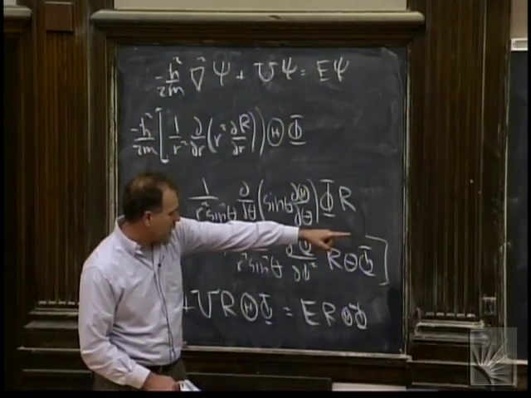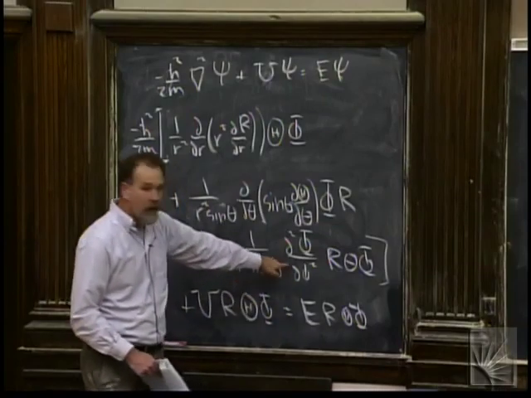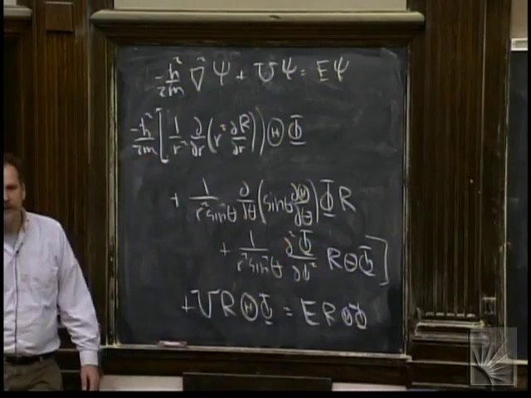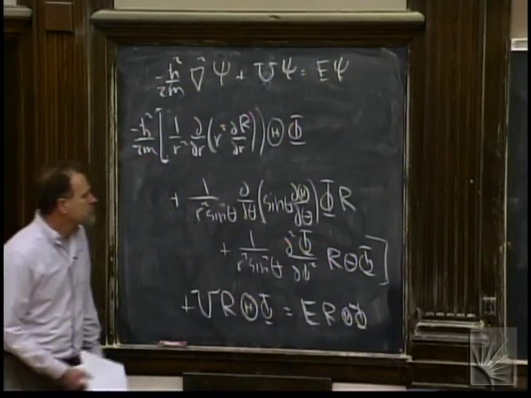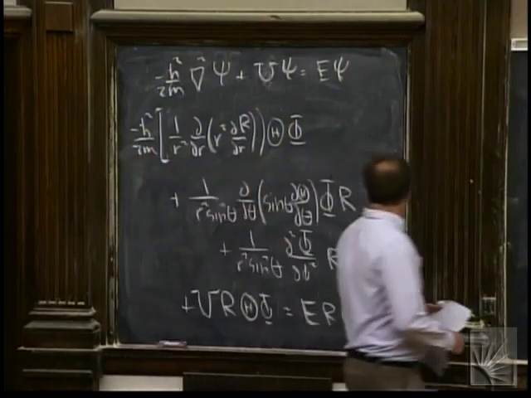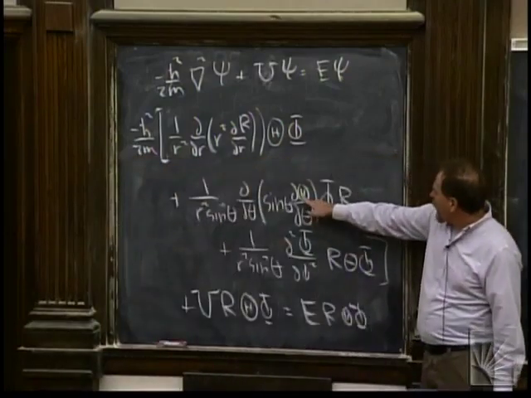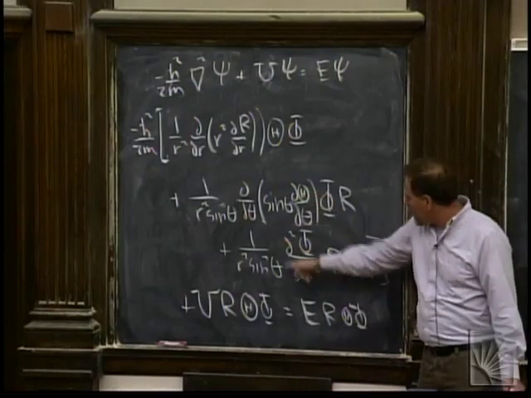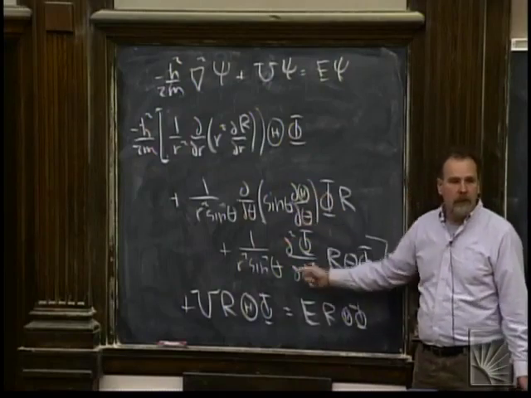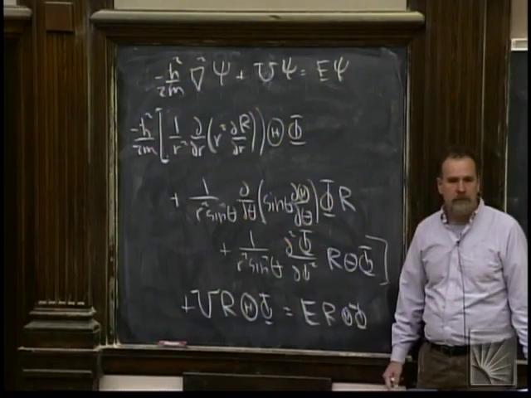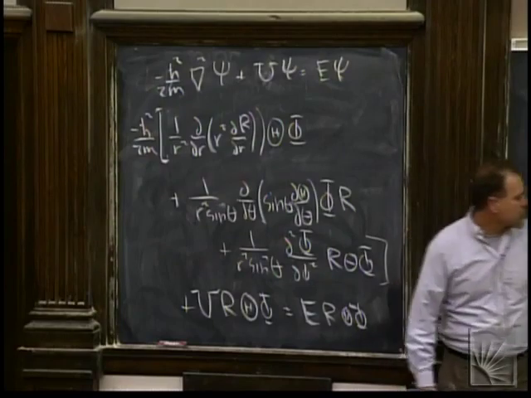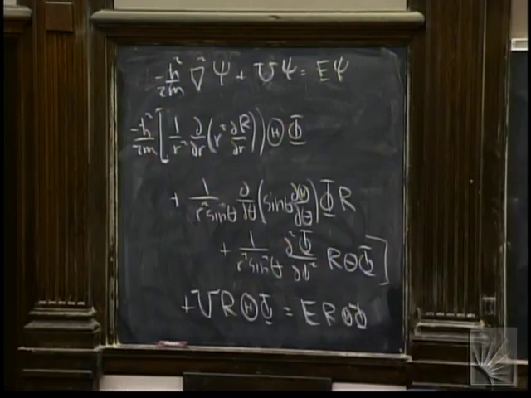It's just the first term there in theta, and then this is the term in phi. And that's what it is. Okay? I solved for theta and phi to solve this equation. Okay? So, I don't have to do any more work.